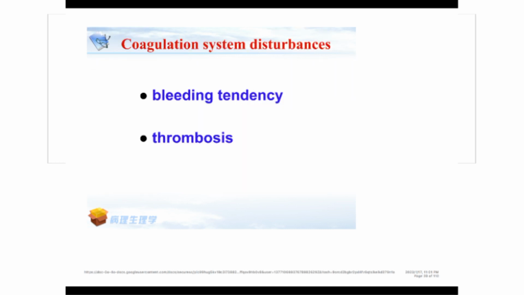So we have coagulation system disturbances. When we say coagulation system disturbances, as we already know, a stable equilibrium has to be maintained between the factors that like the blood to clot and the factors that don't like the blood to clot.